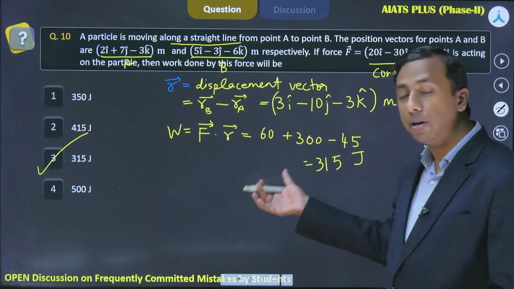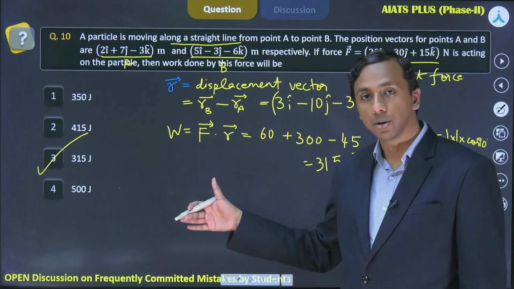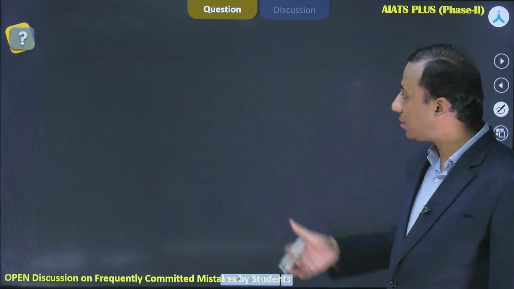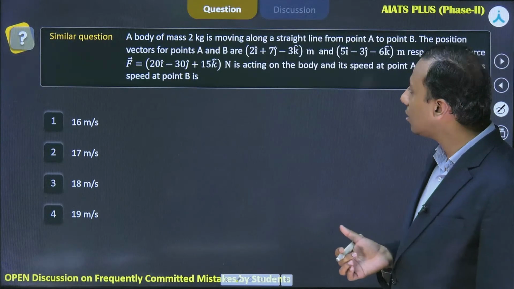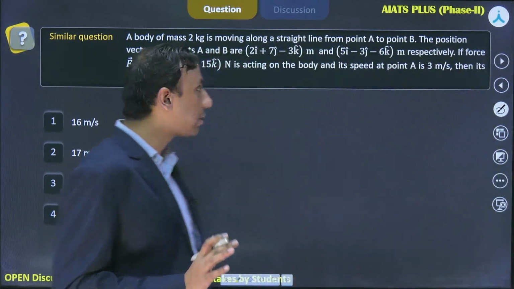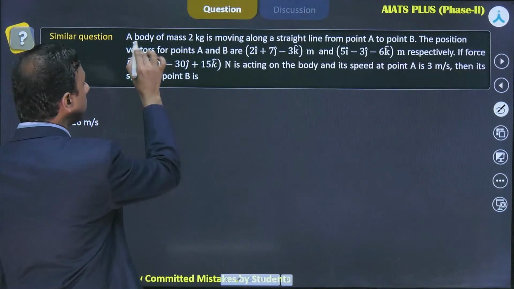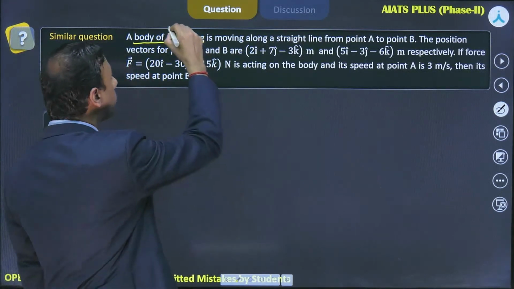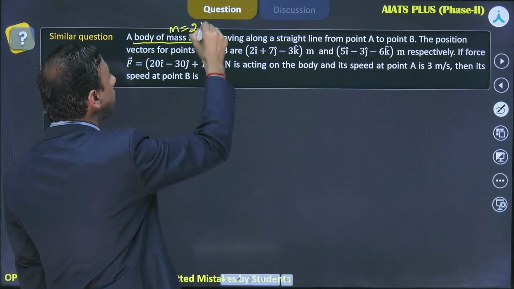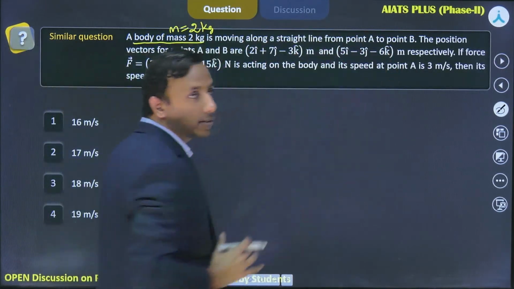Now let's do some revision for the fourth formula which I had written over there, for kinetic energy. If you see over here, it's pretty much the same question, I have just tweaked little things, such as adding the mass of the body, which is 2 kg. So m is equal to 2 kg. The rest remains the same.